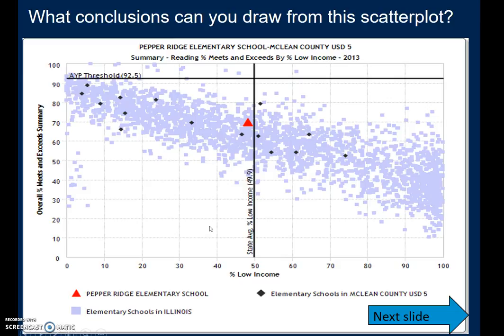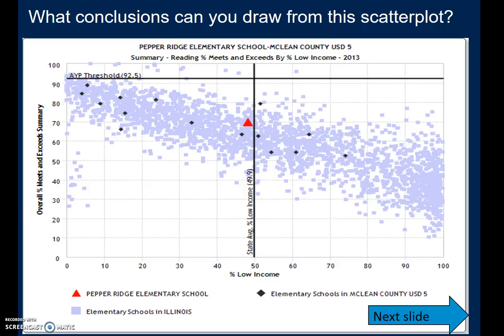Okay, so this is actual data from the state of Illinois. This is based on reading test scores, state standardized reading achievement test scores. And every one of the dots on here represents a school in Illinois.